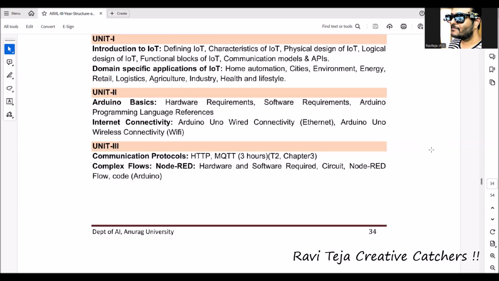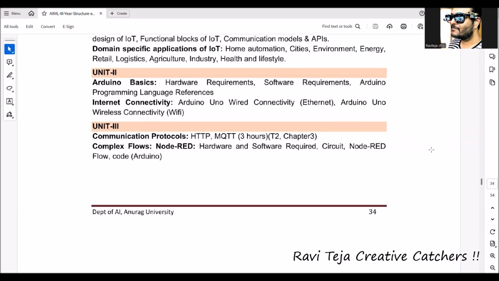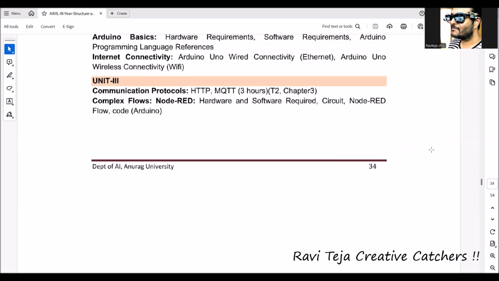And coming to unit 3. Unit 3 is completely related to protocols, where we'll come across the HTTP and MQTT protocols, which we will use to build some IoT applications as well. And not only that, some important complex flows like Node-RED will be used here with respect to the Arduino.